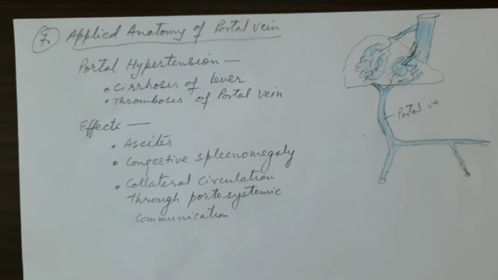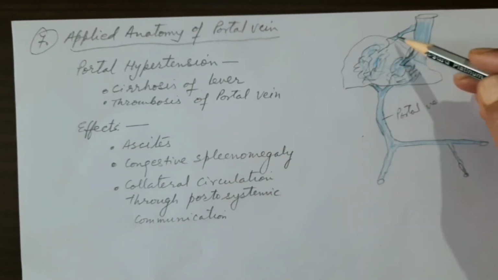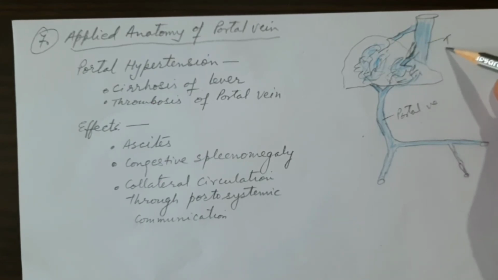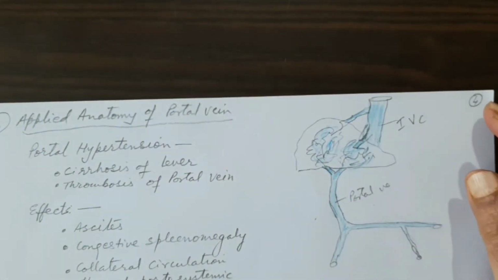The blood flows through the liver sinusoids, and from both right and left lobes it goes to the hepatic vein, which opens into the inferior vena cava.